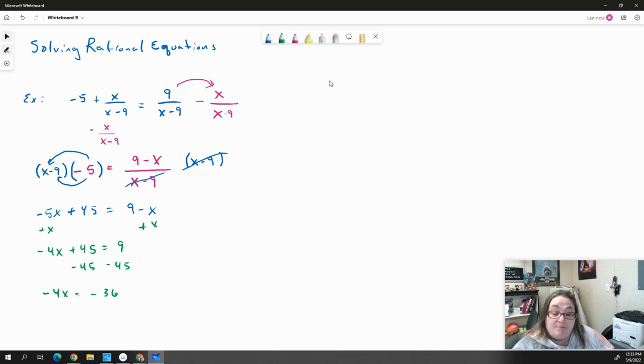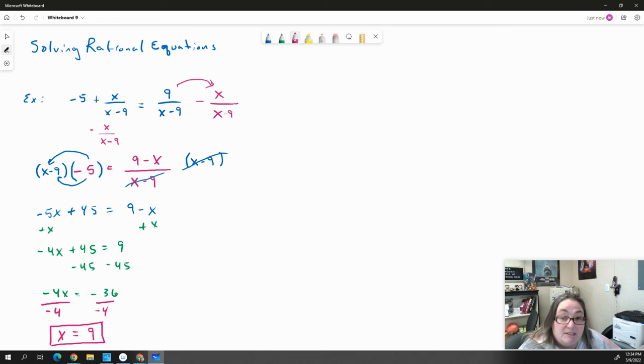Now we're not done yet because we don't have x by itself. We still have negative 4 being multiplied to it. So I'm going to go ahead and do the opposite of multiplying and divide by negative 4 on both sides. And I wind up with x equals positive 9. This is a solution.